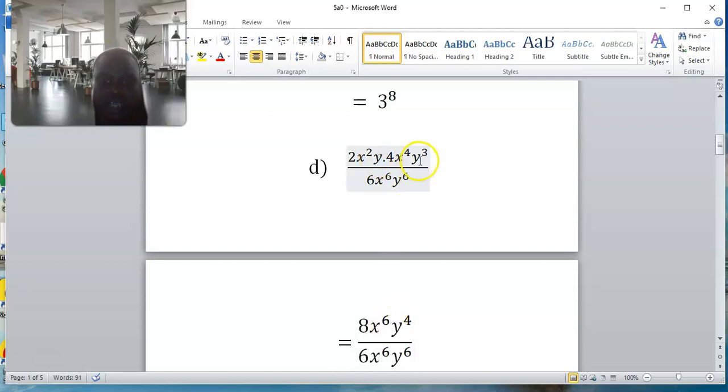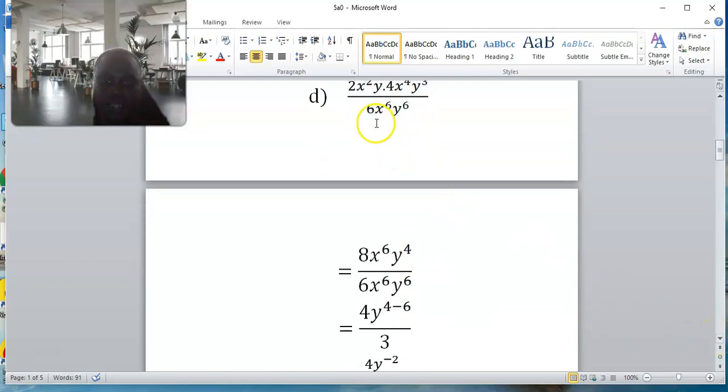Then if you check here, the y is also common. We have y here, we also have y here, but this y is to the power 1. There is an invisible 1 here, so you write the y once, but this is to the power 1 and it's multiplying, so you add the exponents, so it's going to be 1 plus 3, which will give you 4.